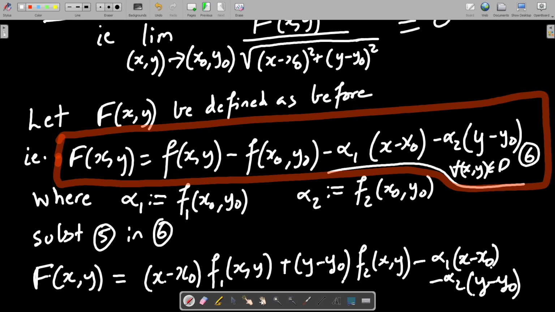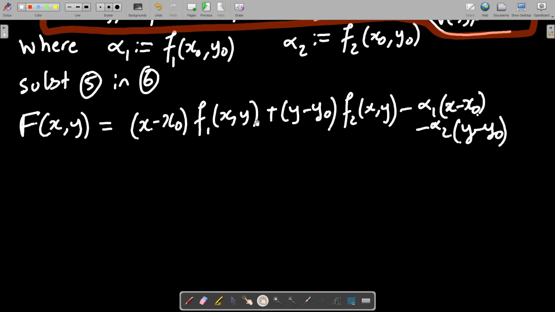And this statement is true for all (x,y) belonging to D.